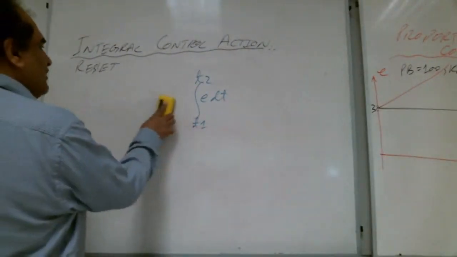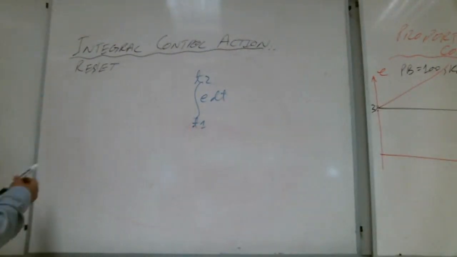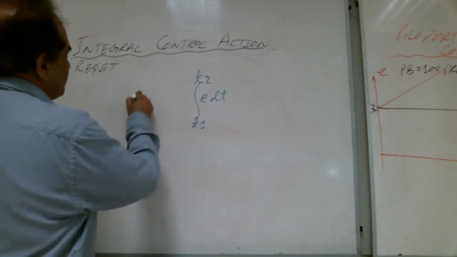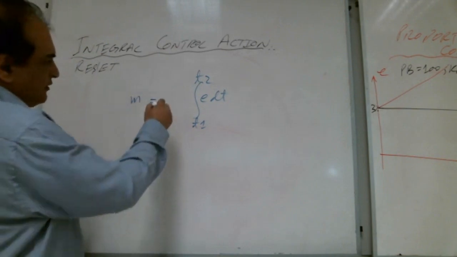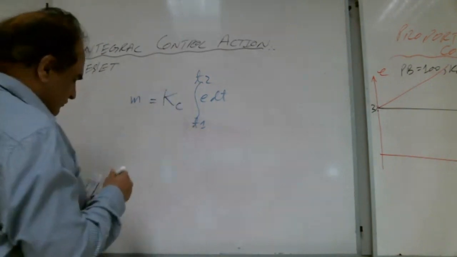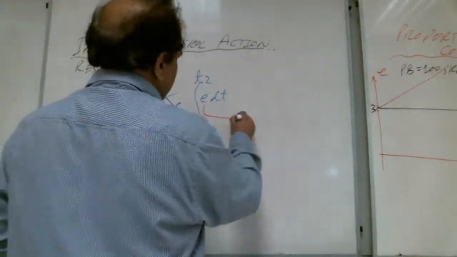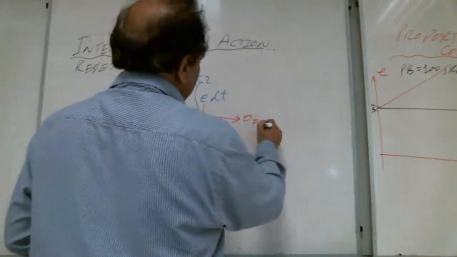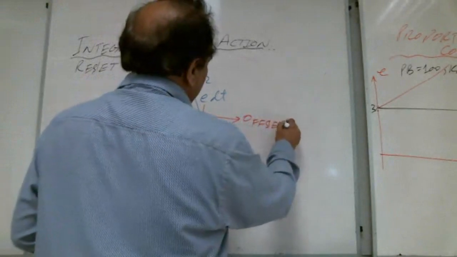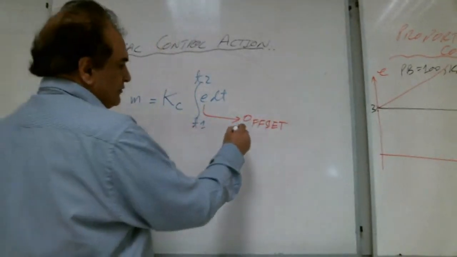Whenever there is a proportionality, there is a constant. So here the constant is Kc. Right, Shabab? What is this error? This is offset error, or constant error.